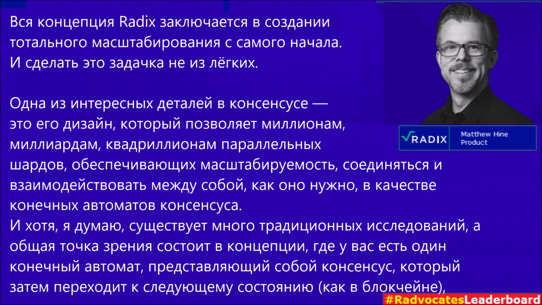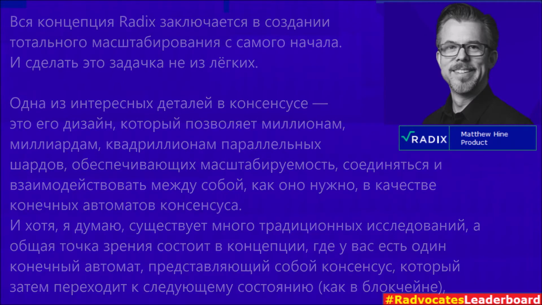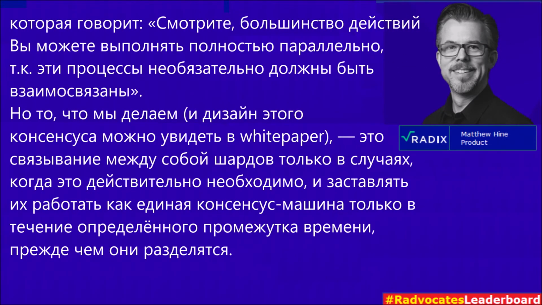Whereas in a lot of the traditional research on consensus, the concept is you have one state machine, it's conducting consensus, and it goes on to the next step, very blockchain-like. This is saying, look, you can do most of this completely in parallel, since it's not related. What we do, as you'll see in the white paper, is link these shards together only whenever you need to, and have them act like a single consensus machine for a limited period of time before they split up.